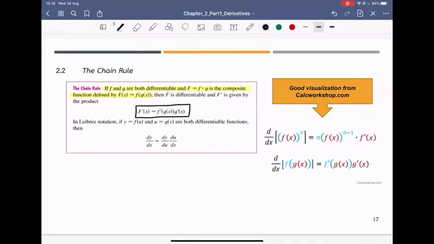So this formula says that if you want to compute the derivative of the composite function f of g, then you can compute by just computing the derivative of f at g(x) first, and then you multiply g prime x.